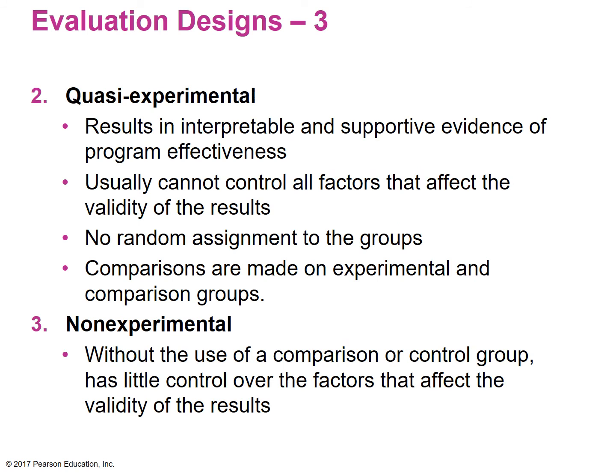Quasi-experimental is where you can't do random assignment, or true random assignment. Sometimes maybe you're looking at the effect of stressors on obese versus non-obese. Well, you really can't randomly assign people to an obese group or a non-obese group, right?